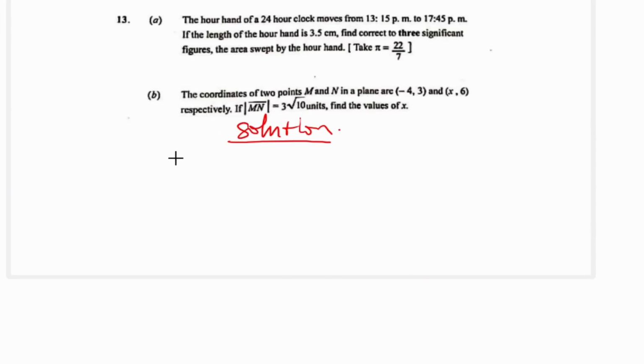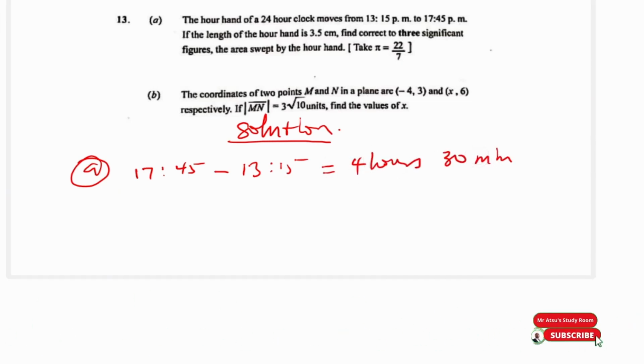The first thing we can do is find the total duration of the movement of the hand of the clock, and that would be 17:45 minus 13:15, which gives us 4 hours 30 minutes. We must find out what these 4 hours 30 minutes mean in terms of angles.